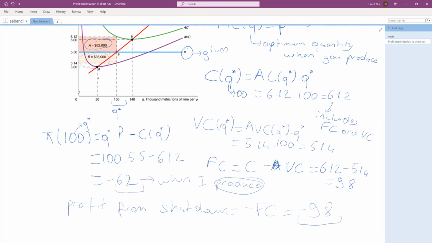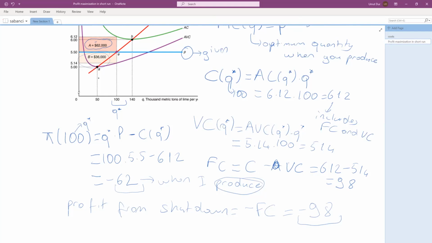Okay? So here, the point is, no matter what, if I produce or not, I need to pay the fixed cost, which is 98. So my profit from not producing is minus 98. But when I produce, each good that I am producing brings me some money.